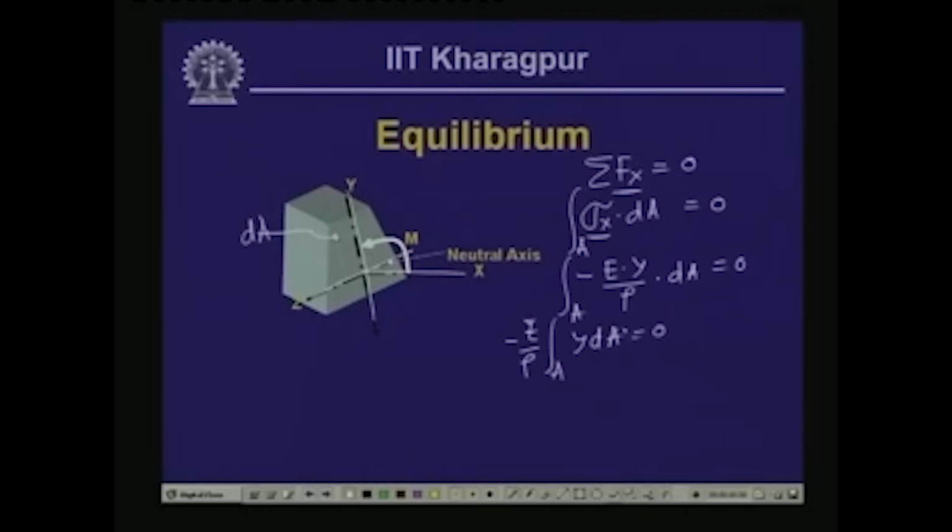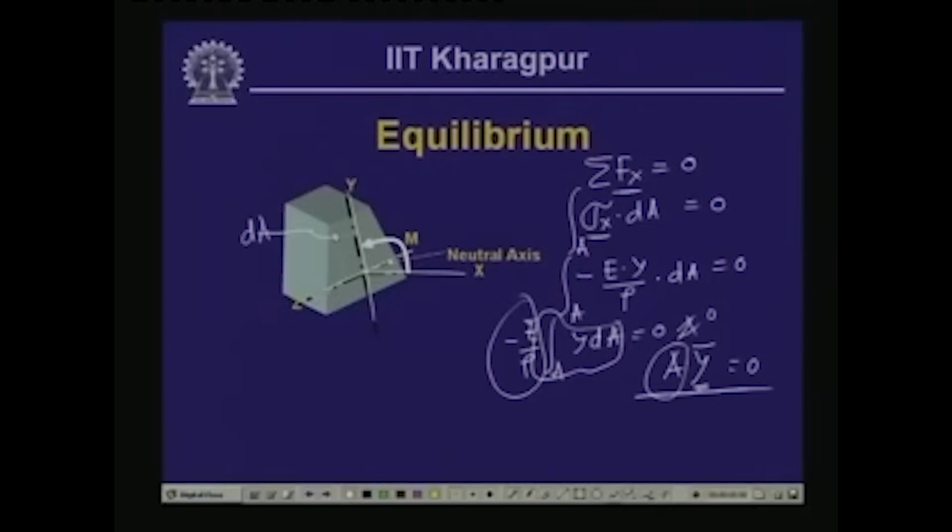We can write this as A y bar times the constant E by rho, equal to 0. Since area A cannot be equal to 0, y bar is equal to 0. The meaning of y bar equal to 0 is that the distance of that segmental area with respect to the centroidal axis or the origin is equal to 0.